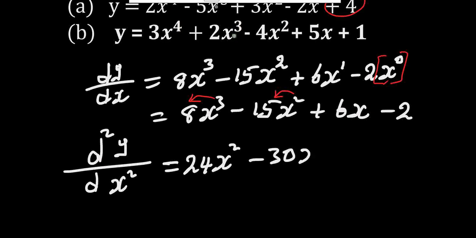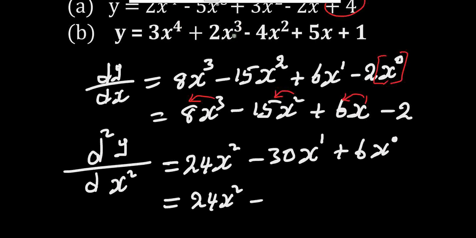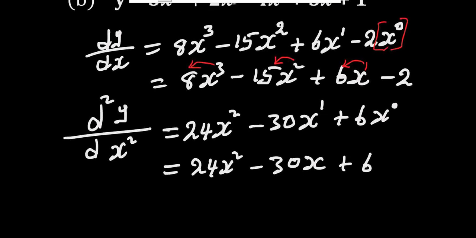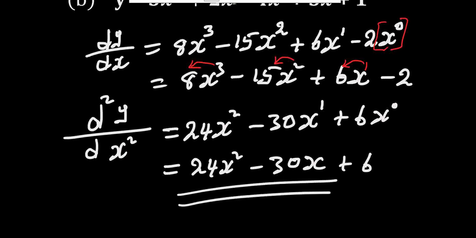Reduce 2 by 1, so this will become x to the power of 1. And next, we use this 1 to multiply 6, and that is going to give you plus 6, and reduce 1 by 1, so we have x to the power of 0. So this will equal 24x squared minus 30x plus 6. So this is the final answer to question A.